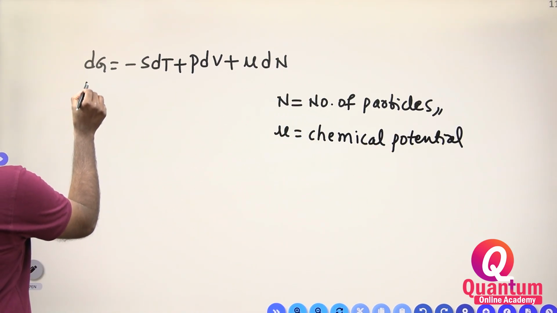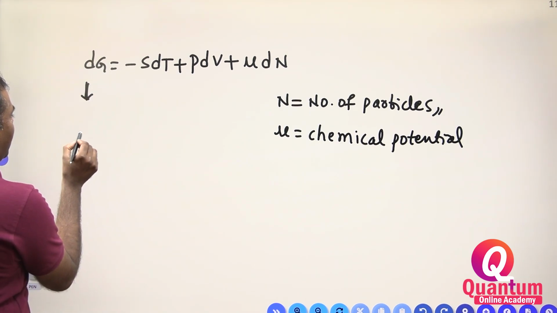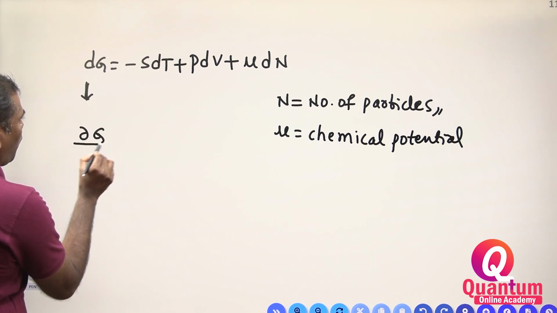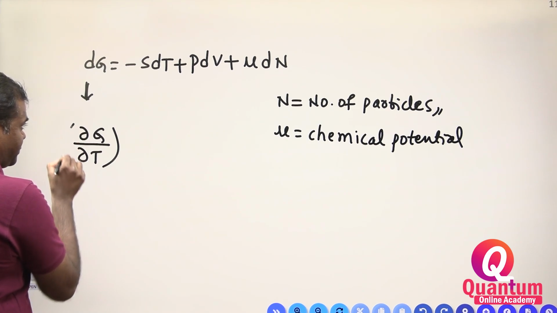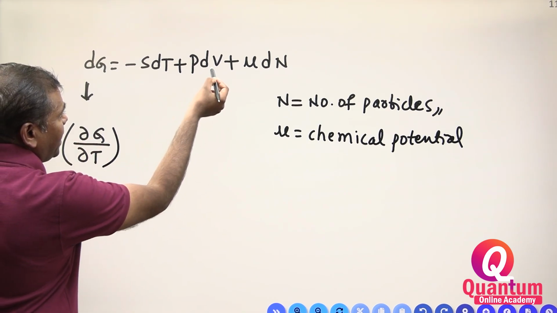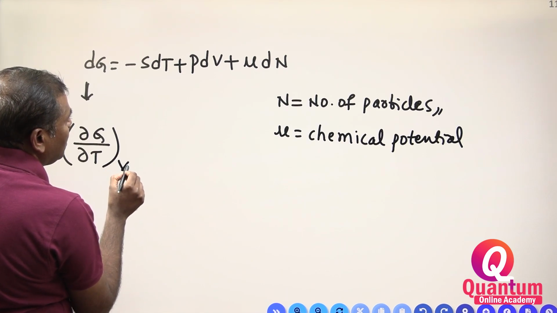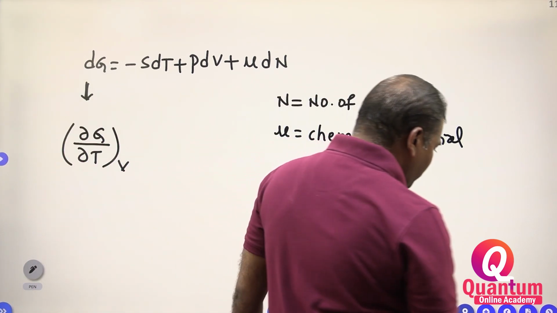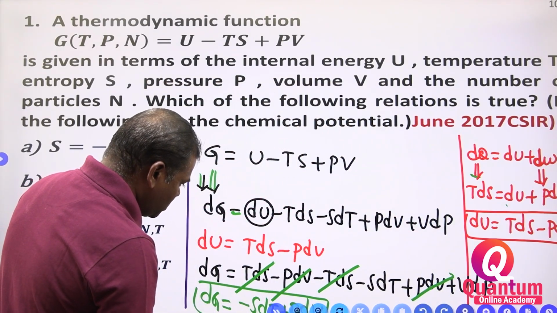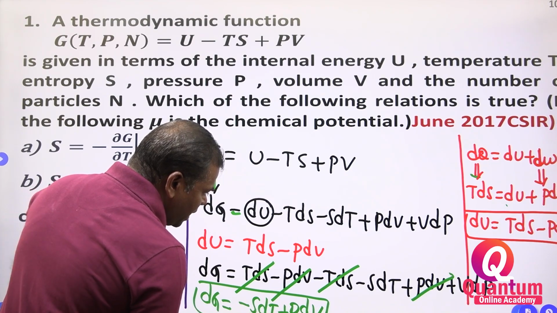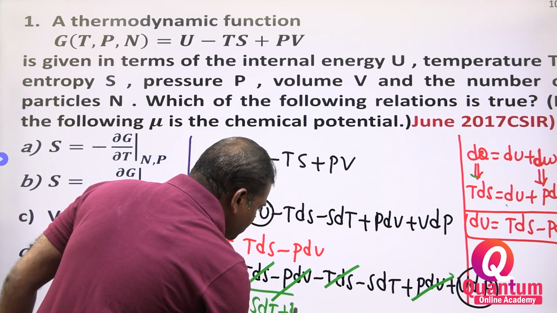Now you have to see. If you want to get S, how do we calculate? You have to do the partial derivative, dou G by dou T at constant V comma N. VdP is there, this is the rest of the thing.